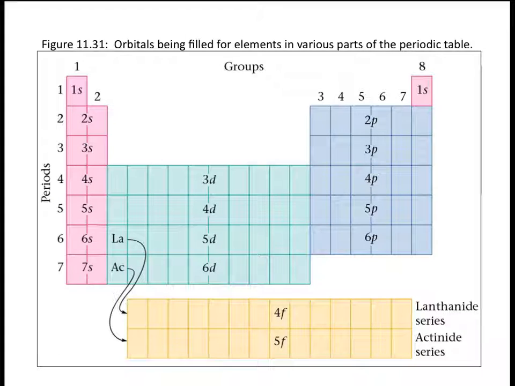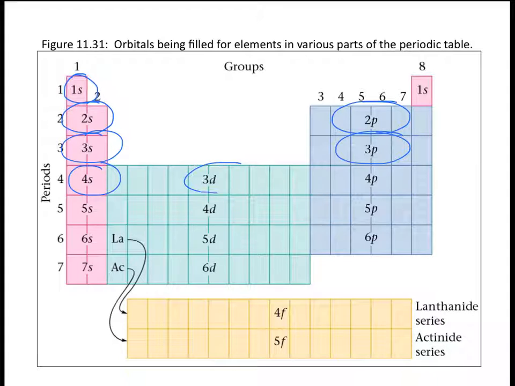When we read the periodic table to help us with electron configuration, we read it like a book, from left to right, from top to bottom. And so once again we can see this filling order: 1s, 2s, 2p, 3s, 3p, 4s, 3d, 4p, 5s, 4d, 5p, 6s.